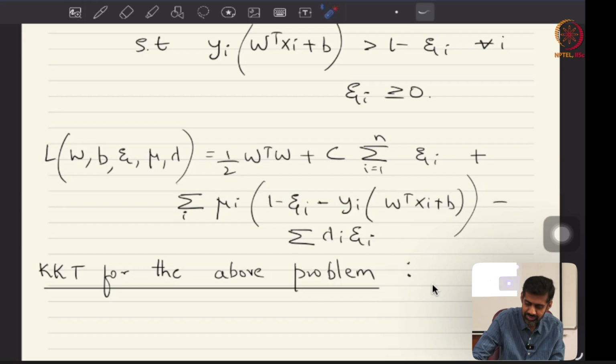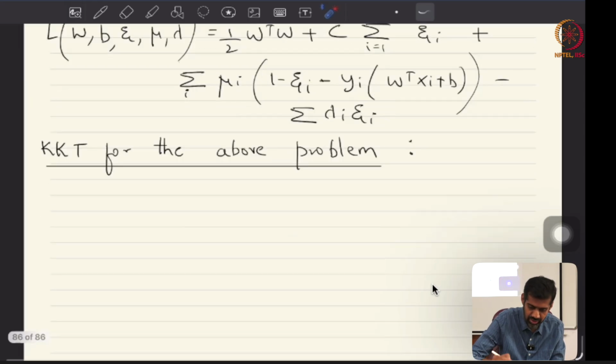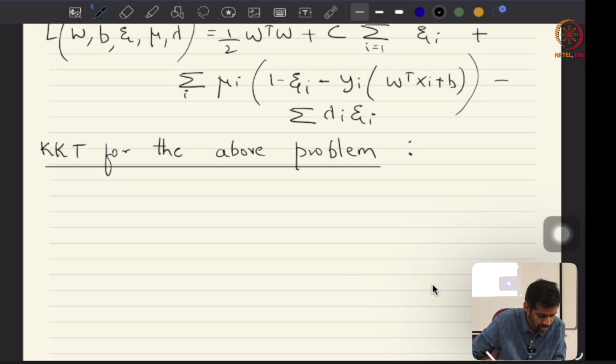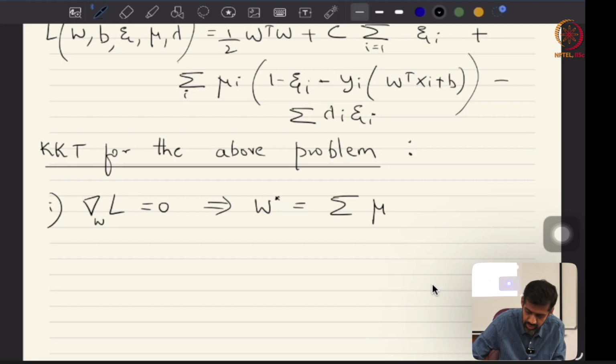Okay. So, we will have to write the KKT for this problem. The first one is the derivative of the Lagrangian with respect to W is 0, which will lead to the exact same solution that we had before.